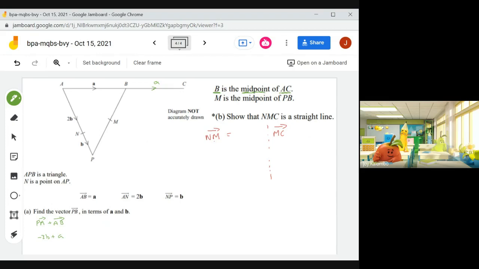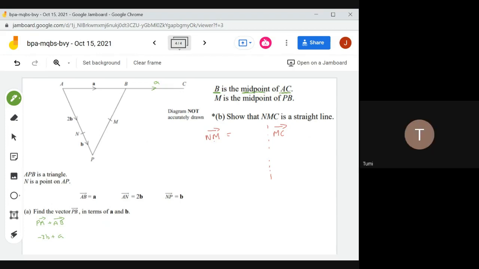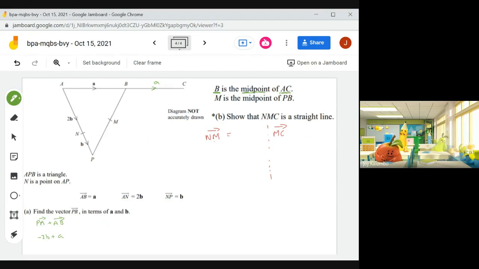Yep. So if line P to B is minus 3B plus A, would M to B be half of that? Perfect. Yes.